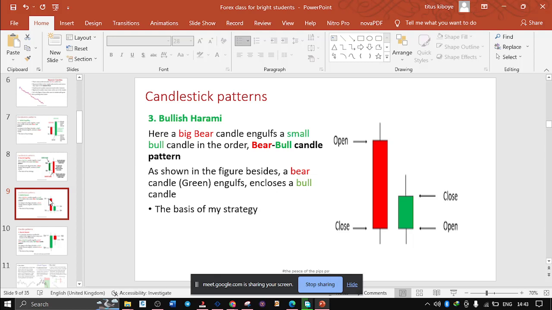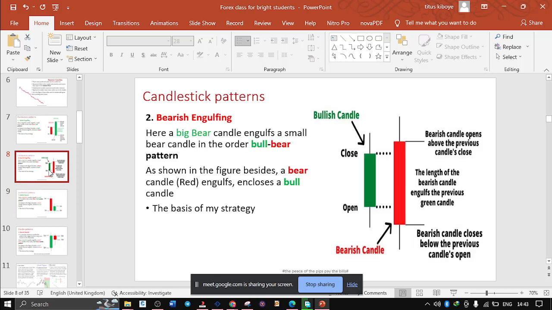We are at bullish harami. Let's go back one slide. Bearish engulfing. So, bearish engulfing, can I call it a bullish harami? No. Now we can see a bear engulfs a bull. But check the order.